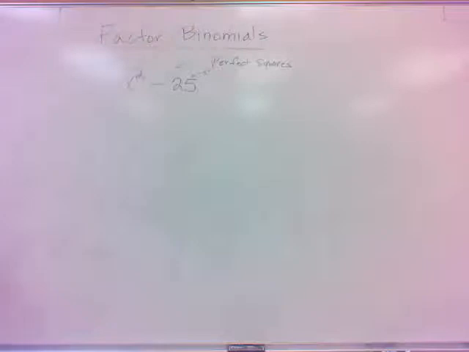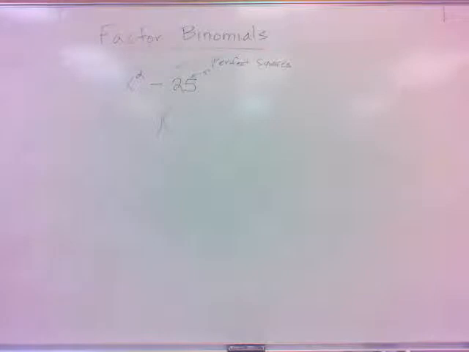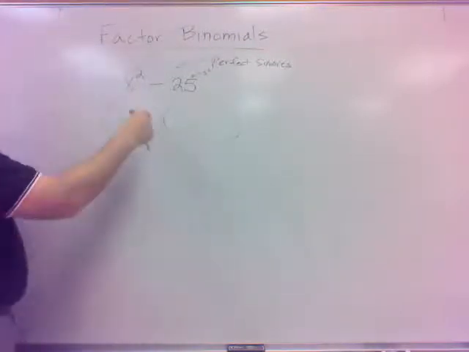Well, if you do have perfect squares, you do also want to factor this into two binomials. It turns out perfect squares with a minus in between them, we'll talk about if it's a plus between them in just a second, but if it's a minus in between them, it's going to be two binomials.